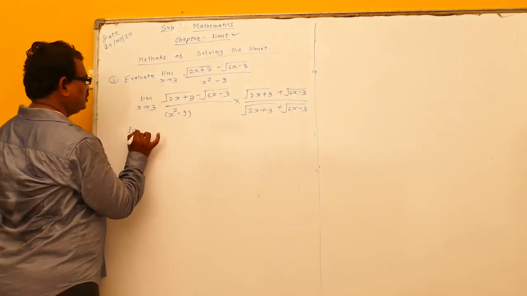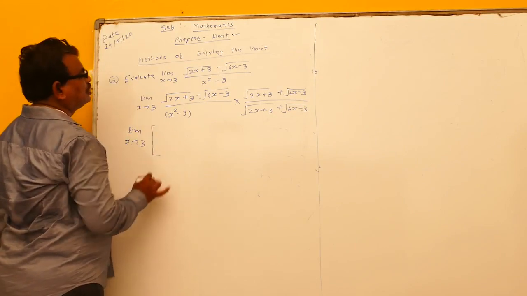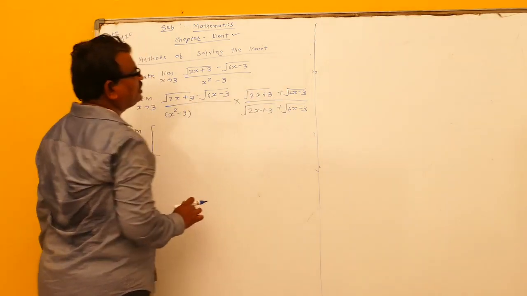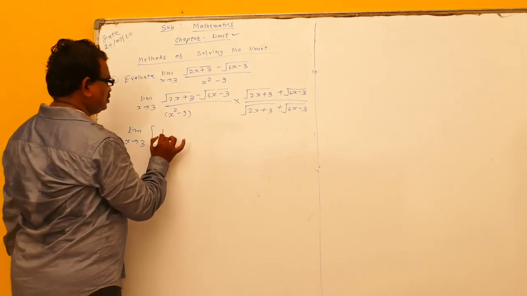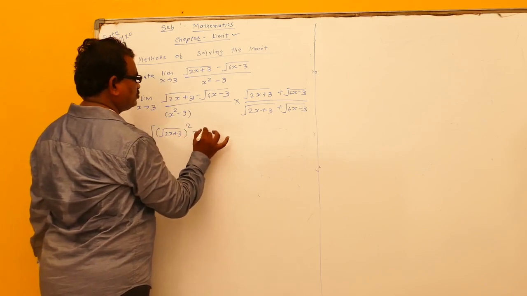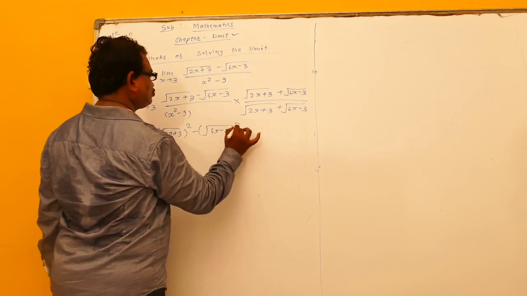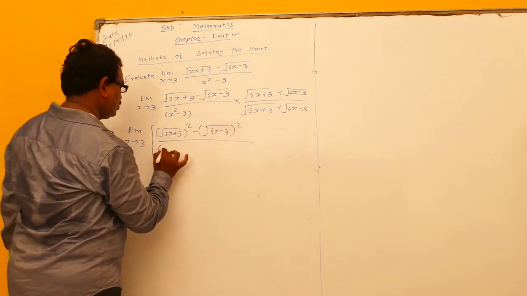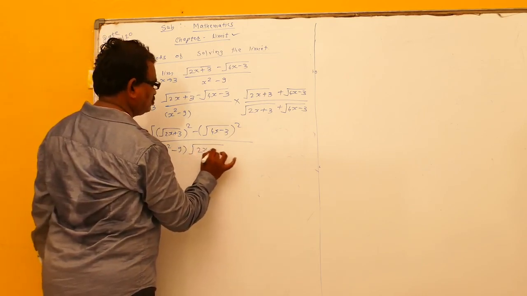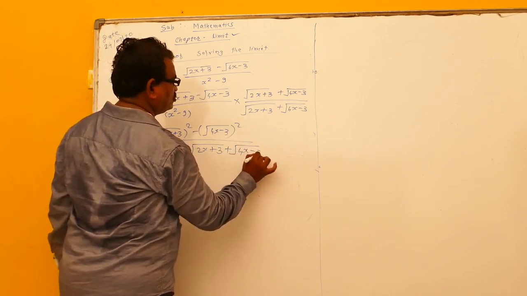Then again, next step, limit of x tends to 3. Now here again this is a plus b, a minus b, that will be a square minus b square. Therefore under root 2x plus 3 square minus under root 4x minus 3 square divided by x square minus 9 into under root 2x plus 3 plus under root 4x minus 3.